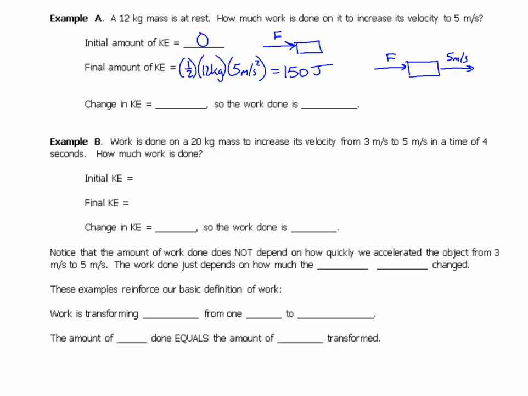So initially we had 0 kinetic energy, and at the end we had 150 joules of kinetic energy. So the change in kinetic energy is 150 joules. So the amount of work done is equal to the amount of kinetic energy, 150 joules.